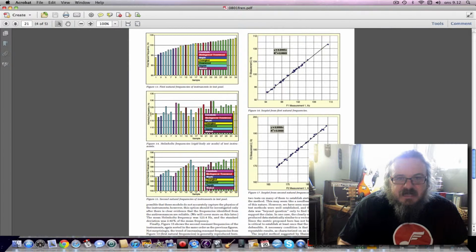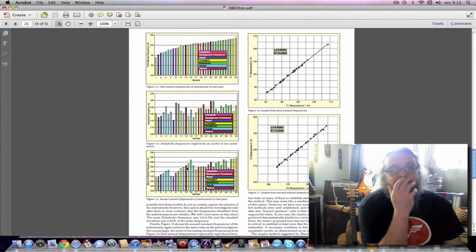Then you come down here to the Helmholtz frequency response of those same two samples of Madagascar Rosewood. You're up at 124 and 127, and then if you take Rosewood in the second natural frequency response, your frequencies are getting up to 180, 181.